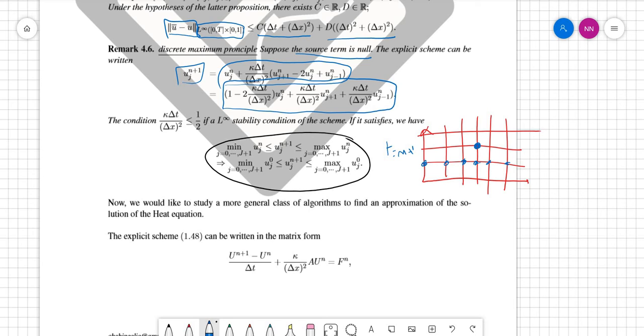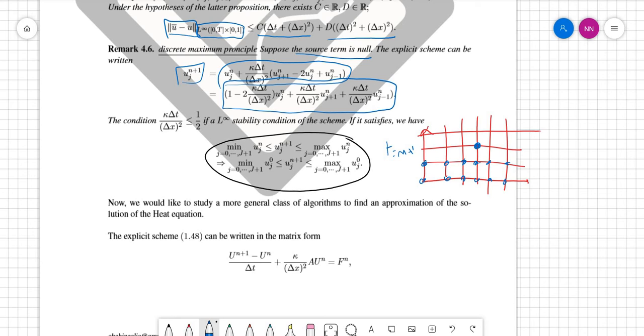It's bounded by the ones before, and these ones are bounded by the ones before, etc. So finally I'm bounded between the minimal value and the maximal value obtained for t equals 0. This is the discrete maximum principle.